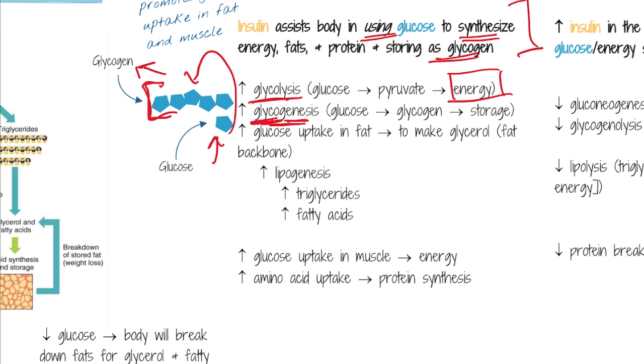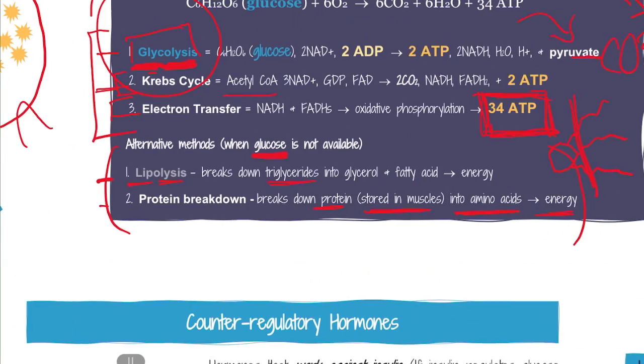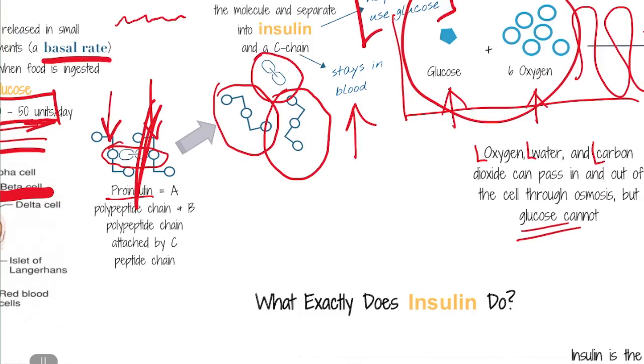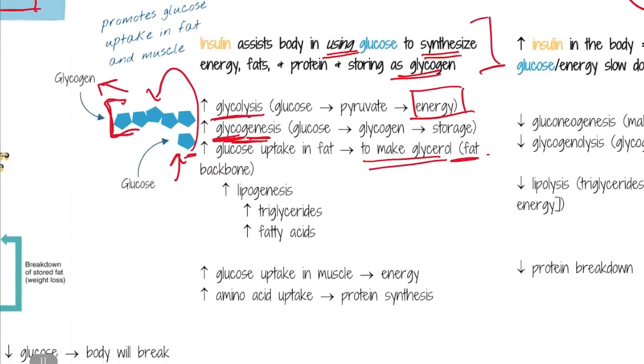If you look at this third point here, it talks about an increase of glucose uptake in fat in order to make glycerol. Remember when we talked about the triglyceride molecule, and we talked about how the backbone is glycerol, right? So we actually use glucose to make that.